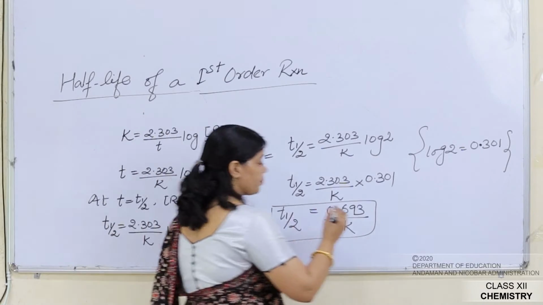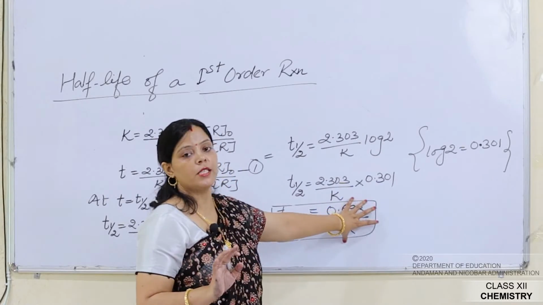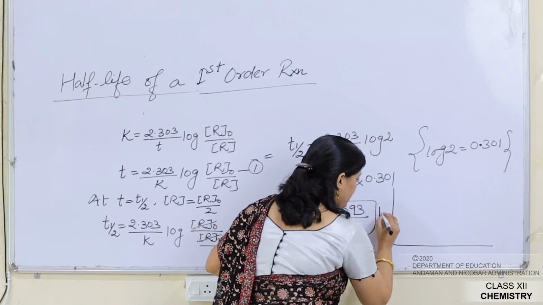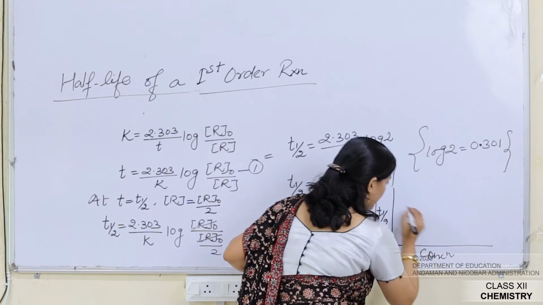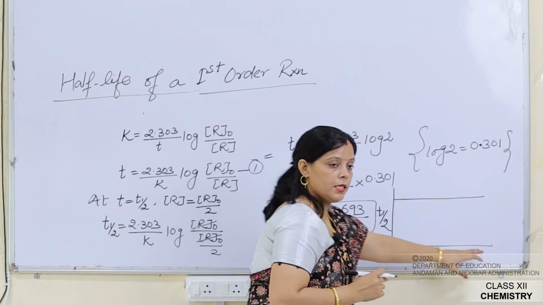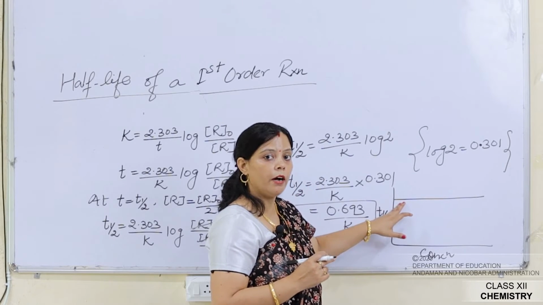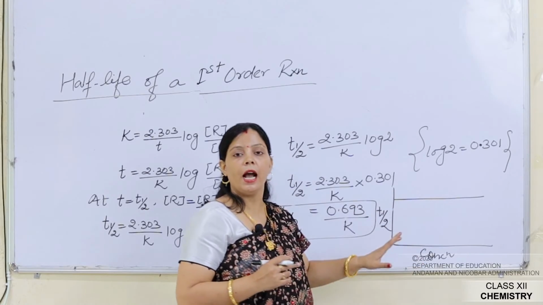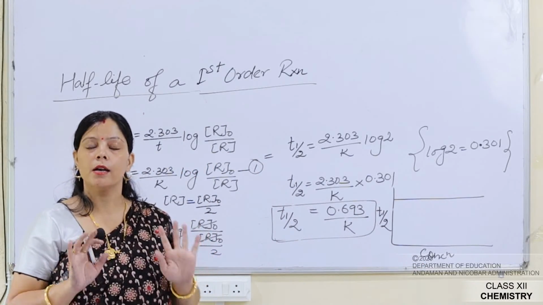The T half for a first order reaction is a constant value, and by drawing a plot between T half and the concentration, a horizontal line is obtained, which shows that with changes in the concentration, the T half does not change. It is a constant value.